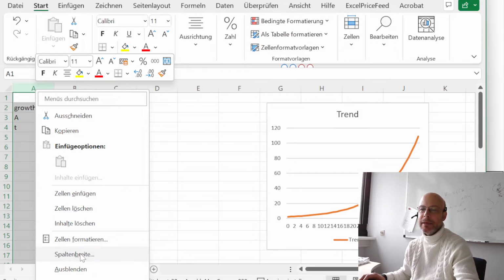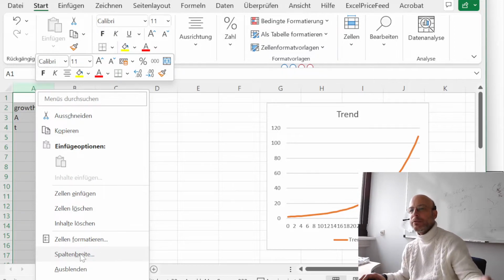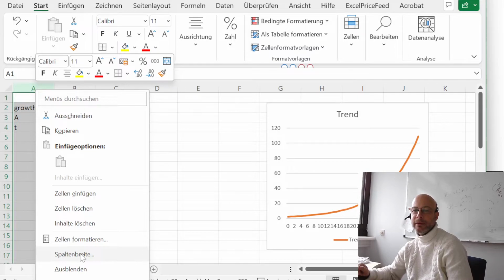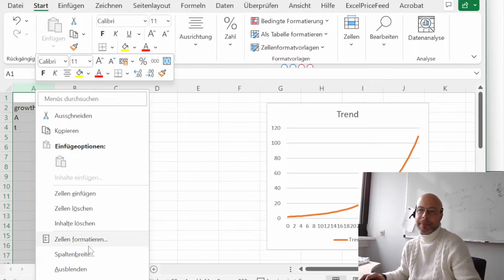Maybe you know from school that using the sine function you have one full period from 0 to 360 degrees or from 0 to 2 pi. So if we want a cycle which corresponds to t moving from 1 to 40, we have to divide our 2 times pi by the total period of, let's say, 40 days or 40 months, something like this.